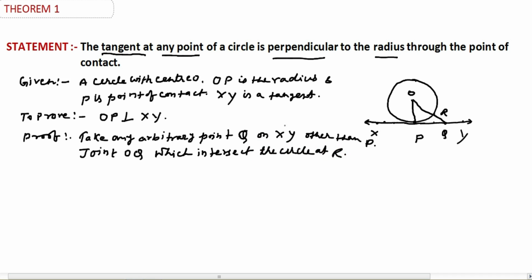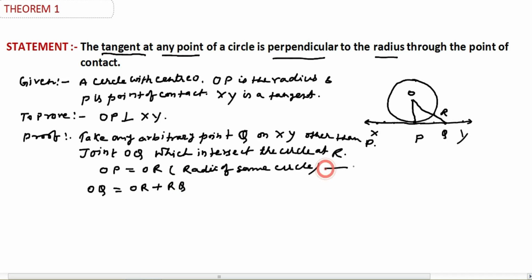Now from the figure it is very clear that OP and OR both are radii of the same circle. So OP will be equal to OR. Why? The reason is very clear: they are the radii of the same circle. And we can write from the figure that OQ is equal to OR plus RQ.